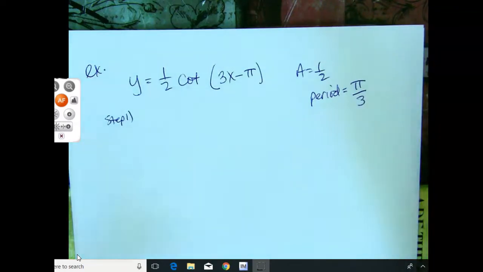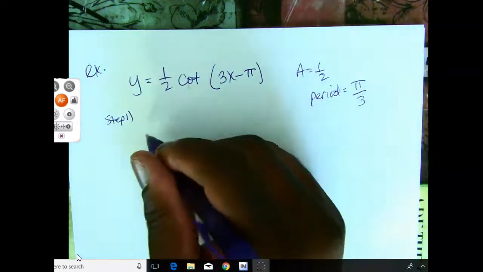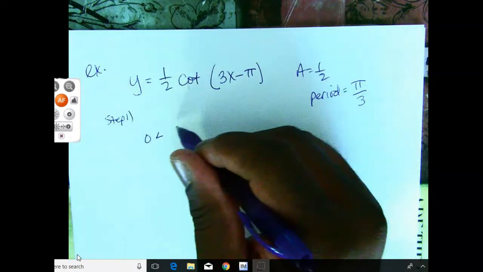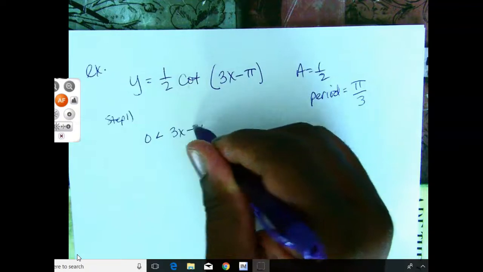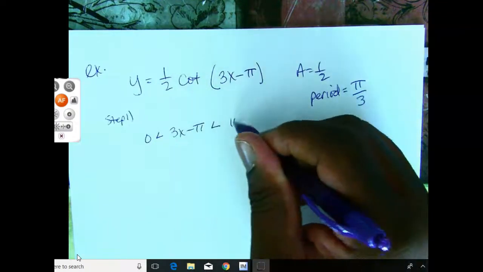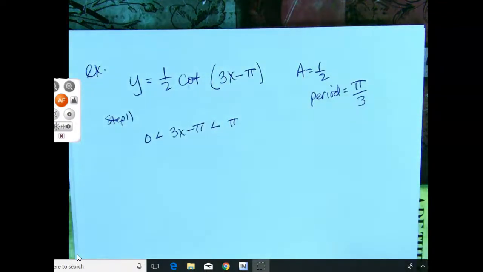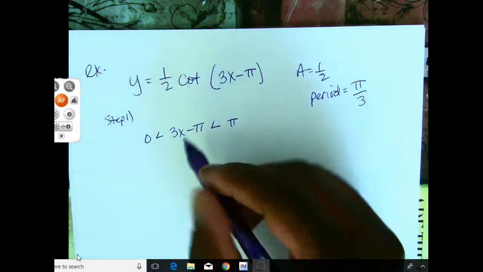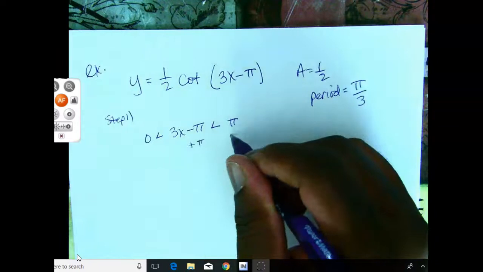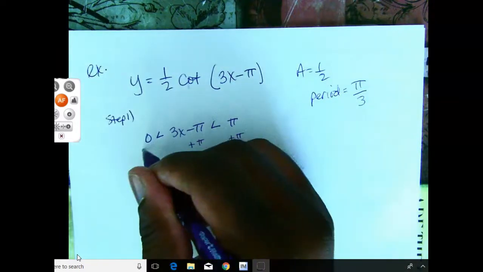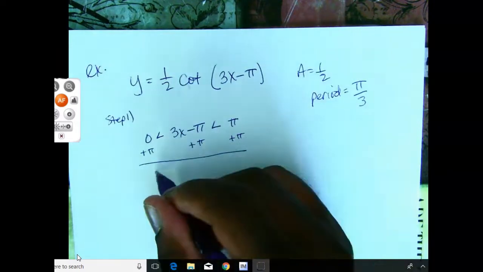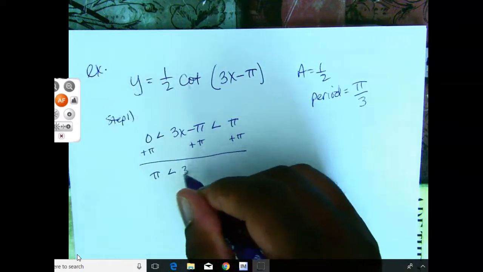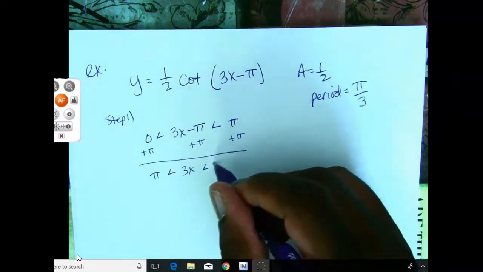So now we want to know where we start to find two consecutive asymptotes. So we're going to go 0 less than 3x minus pi less than pi. Okay, so to solve this for x, we're going to add pi to all of our sides. We're going to get pi less than 3x less than 2 pi.